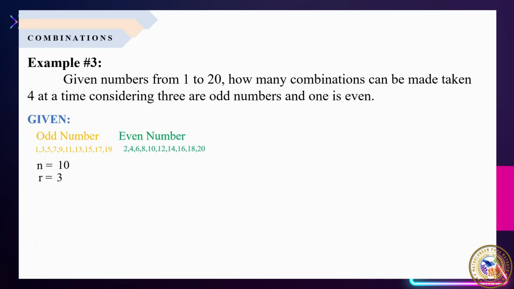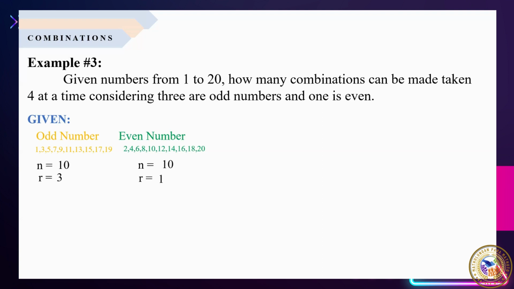There are 2, 4, 6, 8, 10, 12, 14, 16, 18, and 20. Therefore, ang n natin ay also 10 because there are 10 even numbers from 1 to 20. At ang r natin, balik tayo sa given, considering 3 are odd numbers and 1 is even. Therefore, ang r natin ay 1.